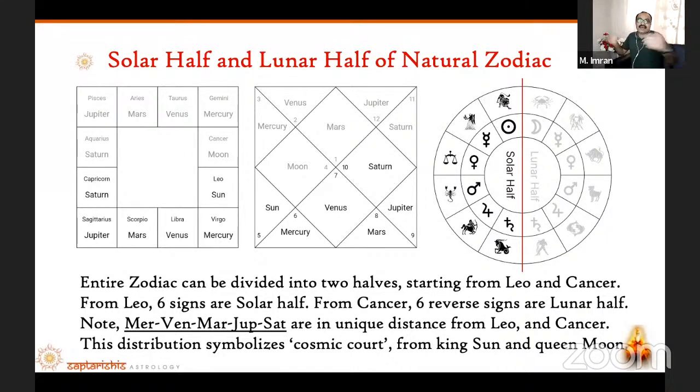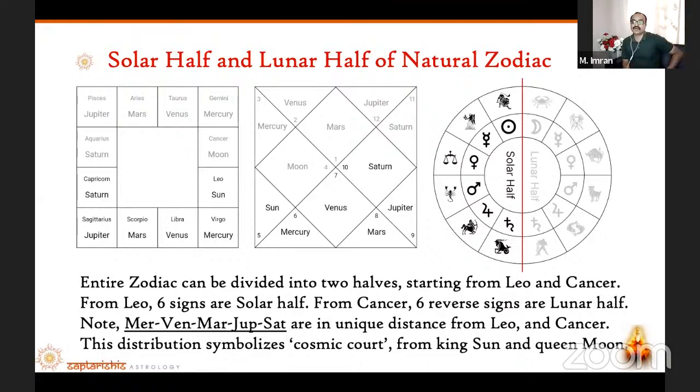Next to the king and queen there is an assistant, a Munshi, a clerk: Mercury, just next to the Sun and Moon, in Virgo and Gemini. Then Venus, the beautiful lady next to Mercury, again the third sign from the Sun and the third sign from the Moon in backward order.